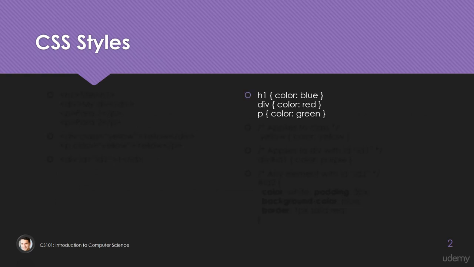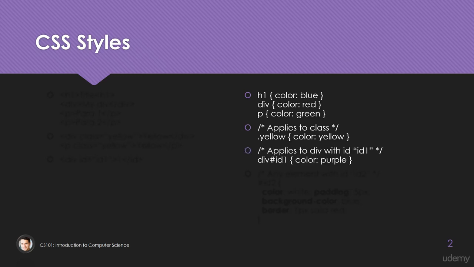For example here, if I say apply a color blue on H1, a color red on a div, and a color green on P, and I want to give a dot yellow, a dot means it's a class within HTML. I'll give an example of that in a second. And here's a color purple applied to a div with a specific name called ID1.